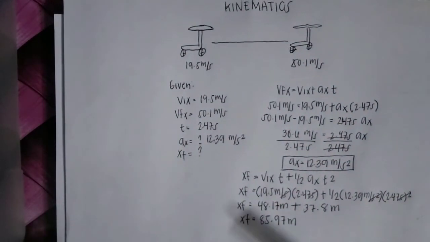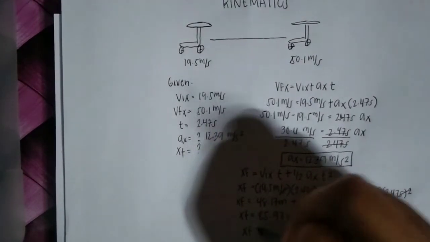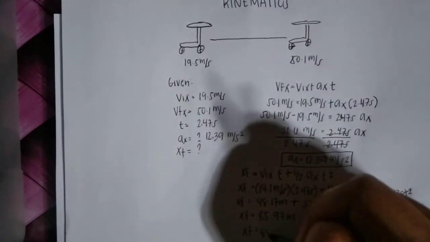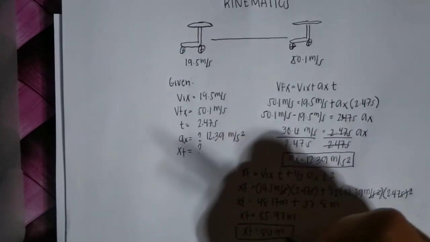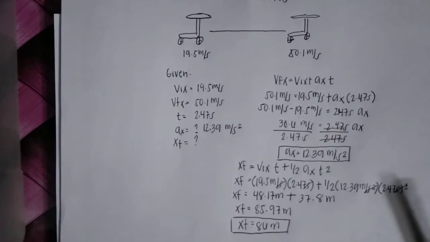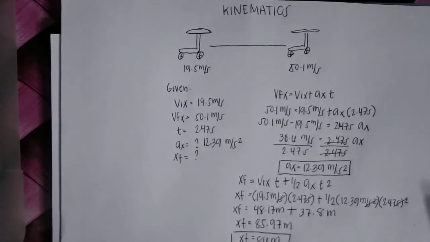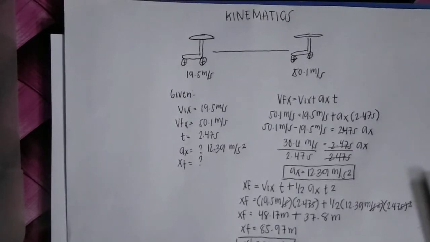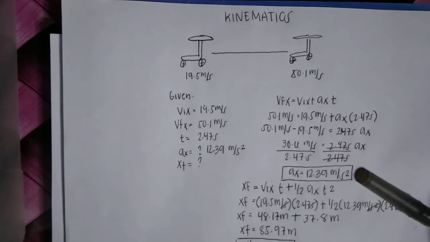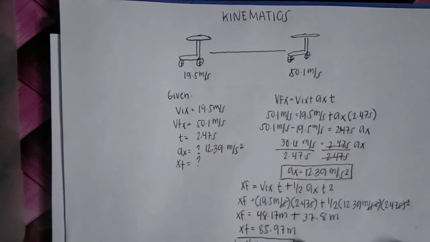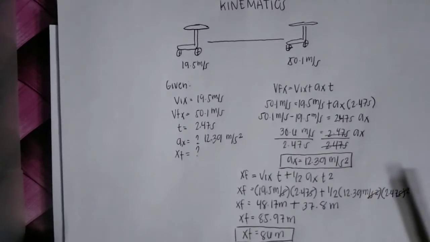So pag ni-round off natin siya ay magiging xf natin ay is equal to 86 meters. Then we're done. So nakuha na natin yung hinahanap na value, which is the acceleration of the electric scooter and the distance traveled by the electric scooter.